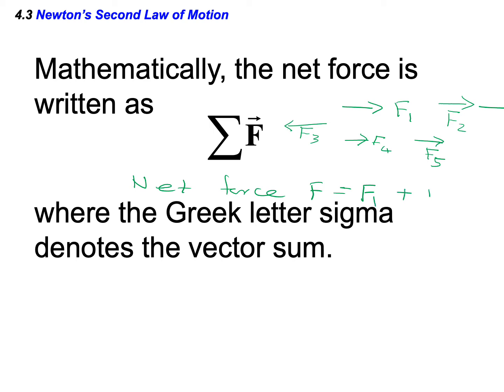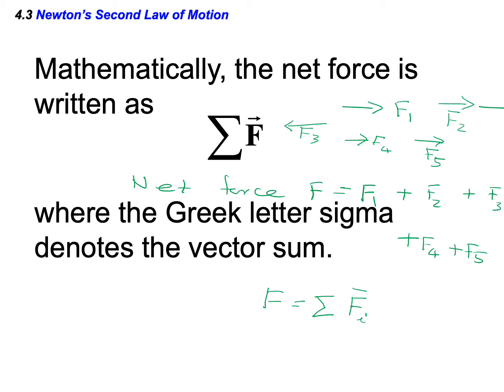So F1 plus F2 plus F3 plus F4 plus F5. We know F3 is in the right direction, but it's the magnitude, so when you apply the force, we can change this sign. So rather than F1, F2, F3, F4, and F5, we write a notation for the force: F is sigma F. Sometimes you can see Fi.